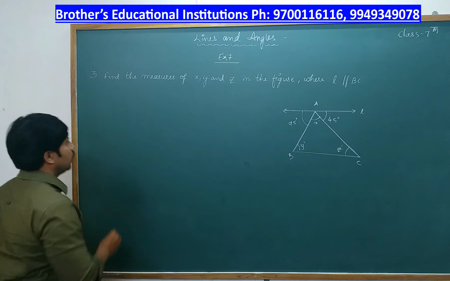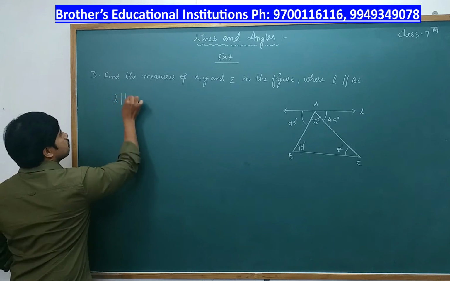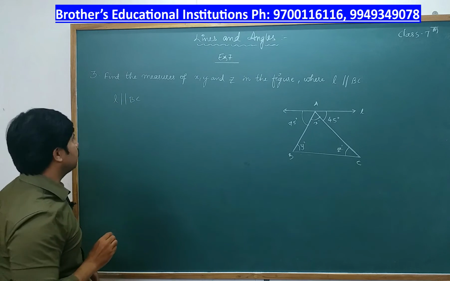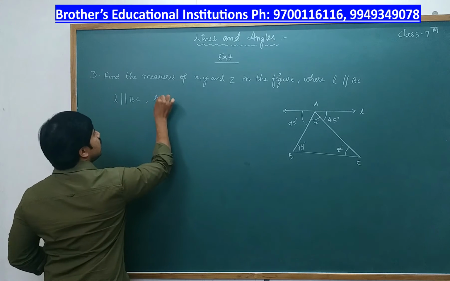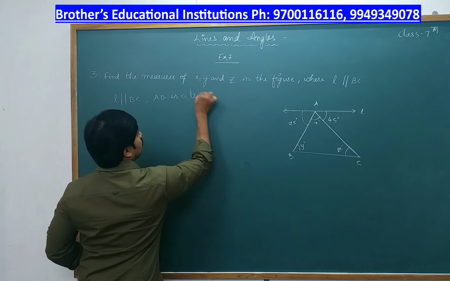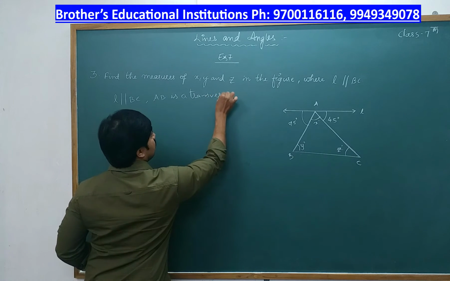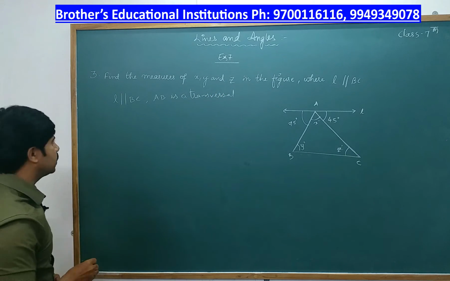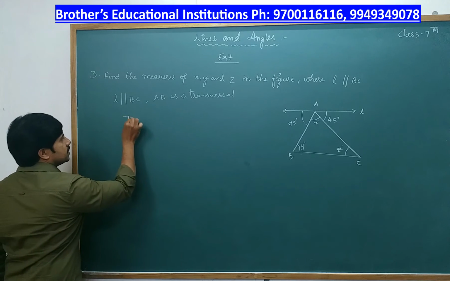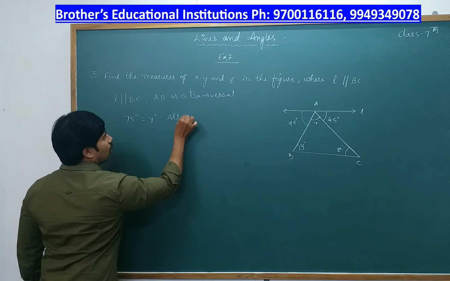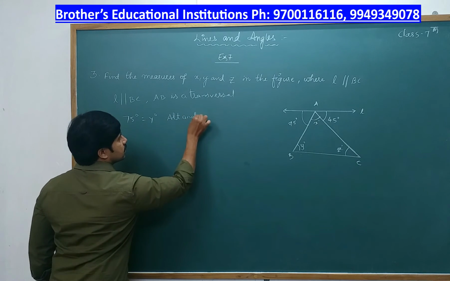Now first, L is parallel to BC. As L is parallel to BC, we write AB is a transversal. So if AB is a transversal, we can say that 75 degrees and y degrees are alternate angles.